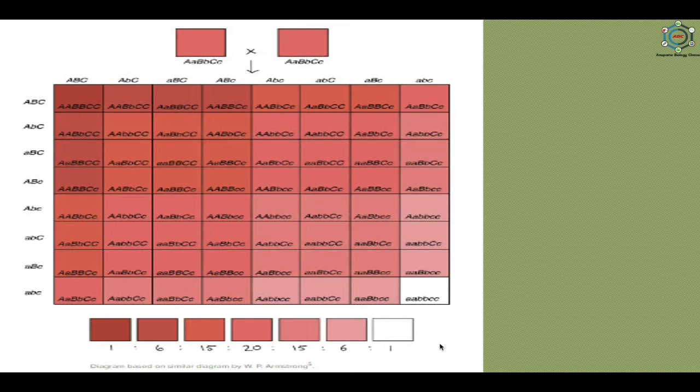Light brown is 15 by 64 individuals and very light brown is 6 by 64 individuals, to pure white, that is 1 by 64 individuals. So this is the cross showing polygenic inheritance of human skin color, and each dominant gene is represented by a shaded circle and each recessive gene by an unshaded circle for simplicity.